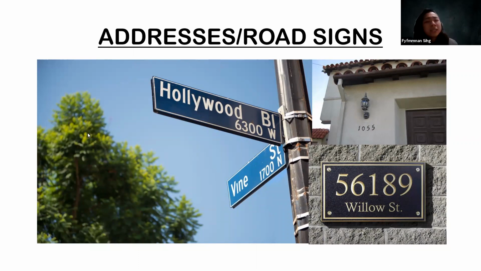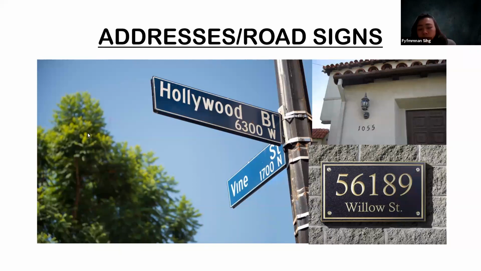Address signs function in a similar way. If we know both the house number and the road name, we can localize ourselves on two axes, similar to with road signs. If we know just the house number, then we can localize ourselves on one axis.